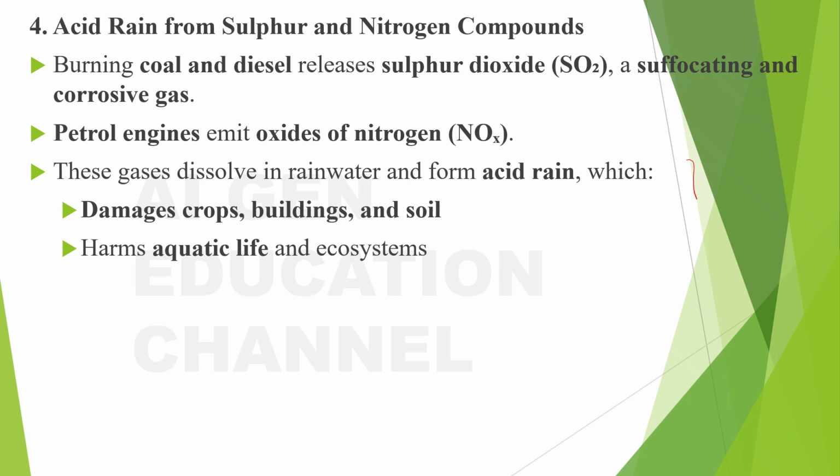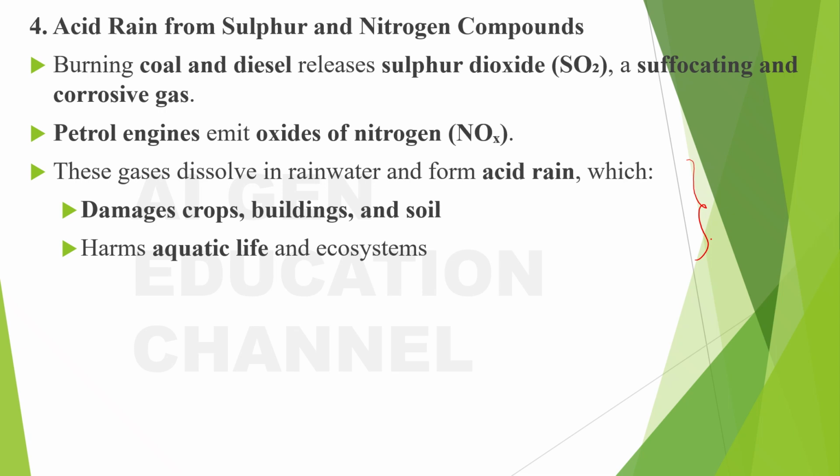Right? You know about acid rain, and you know how oxides of nitrogen get into acid rain and damage the crops, buildings, soil and everything. And even our Taj Mahal is getting affected because of acid rain, right?